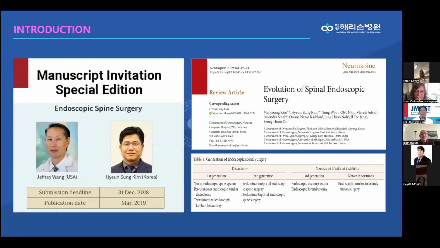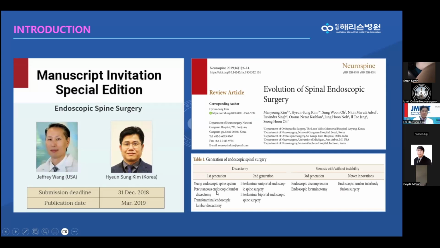We know that endoscopic spine surgery has developed so much. We are now going through the process of the first generation of transforaminal discectomy, the second generation of interlaminar discectomy, and the third generation of endoscopic decompression, and now fusion and other extraordinary expansions of endoscopic spine surgery for spinal treatment.